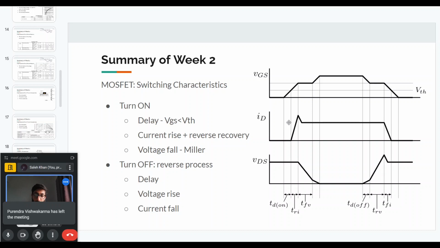And during this fall process, the gate source voltage will remain constant at what is called the Miller voltage.